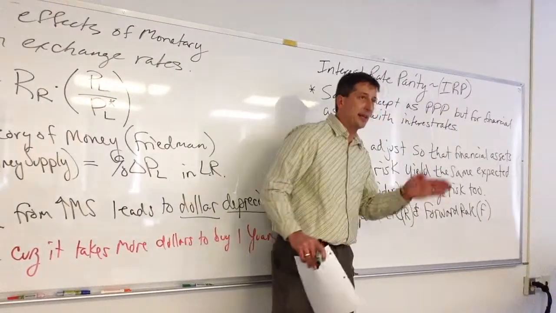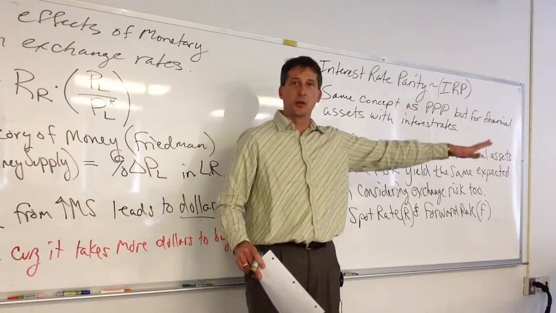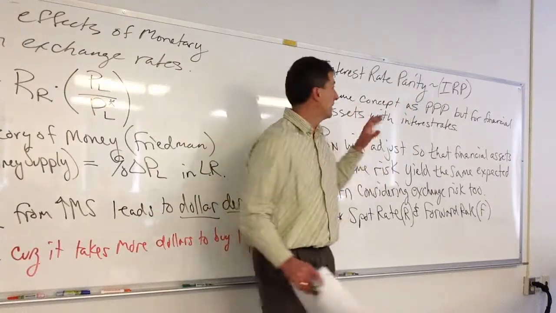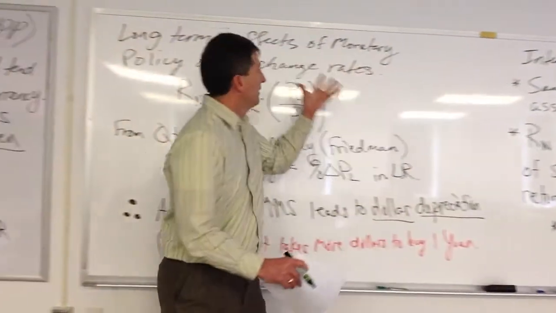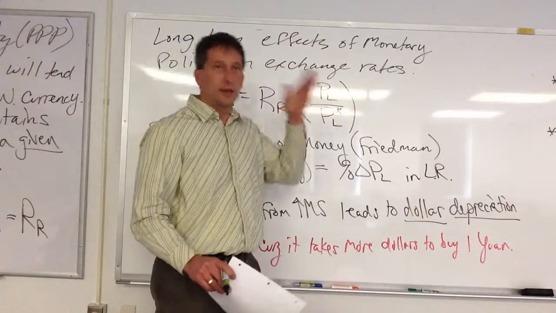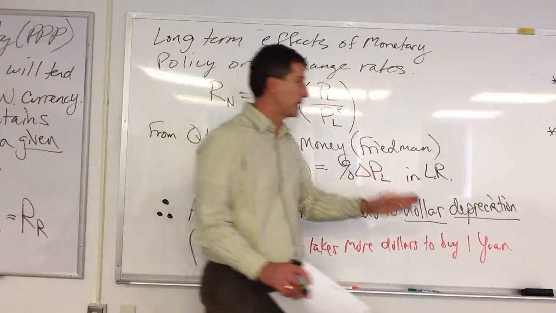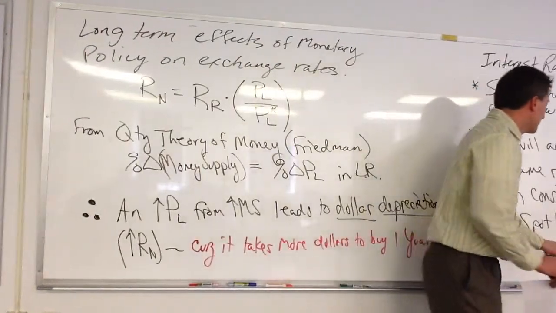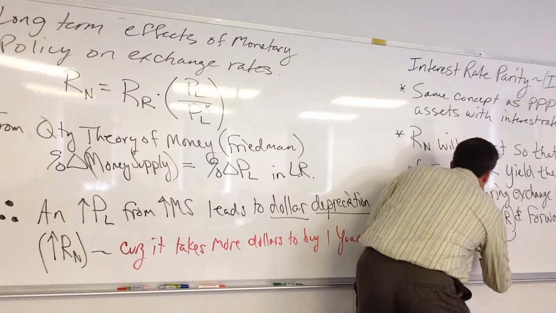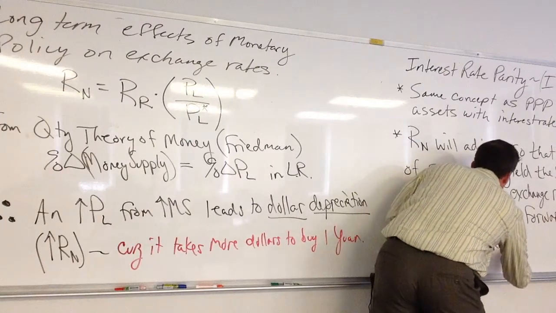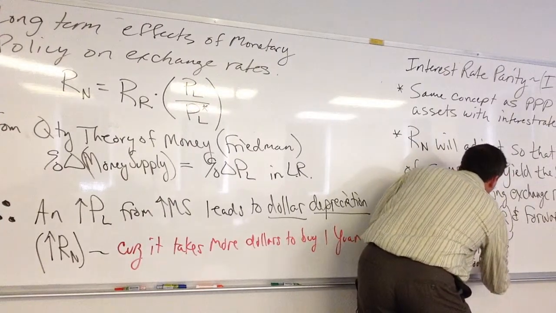If we looked up in the Wall Street Journal or Googled right now, what is the exchange rate between the euro and the dollar? And boom, Wall Street tells us what it is. Globally, there's a price. That is the spot rate. So the spot rate is the current rate, today's rate.